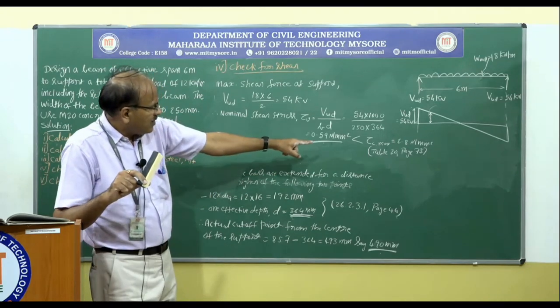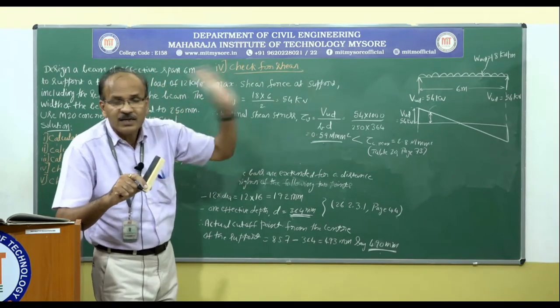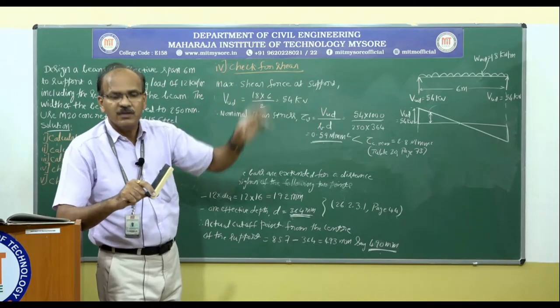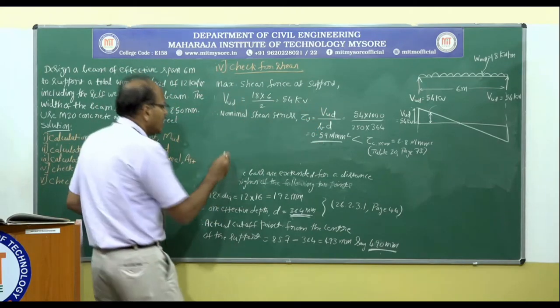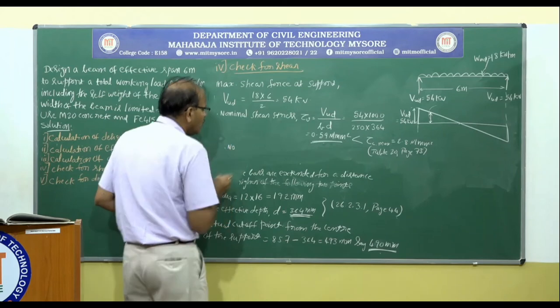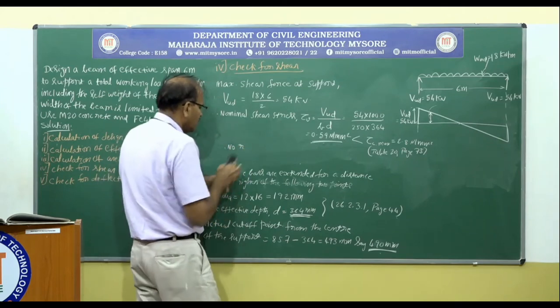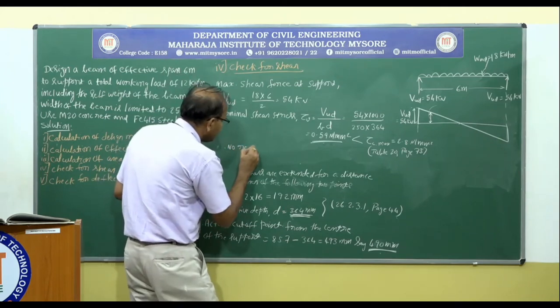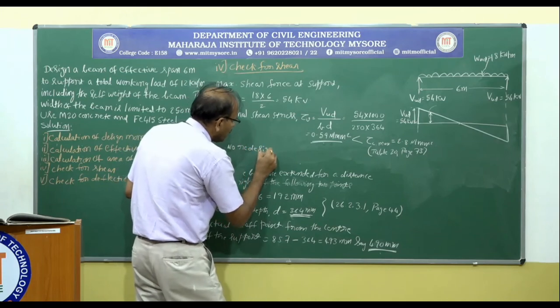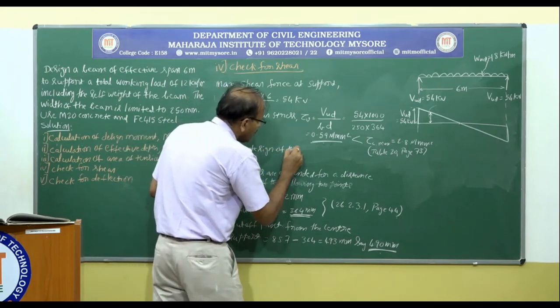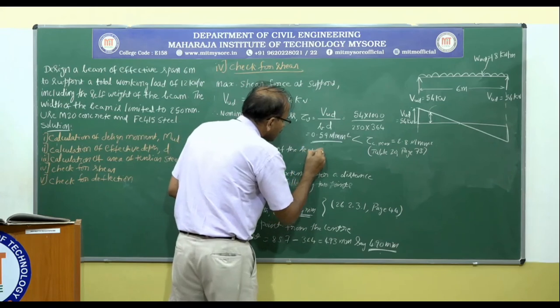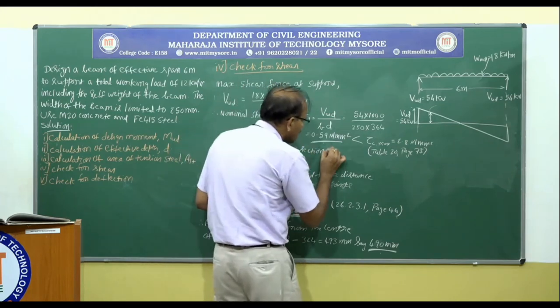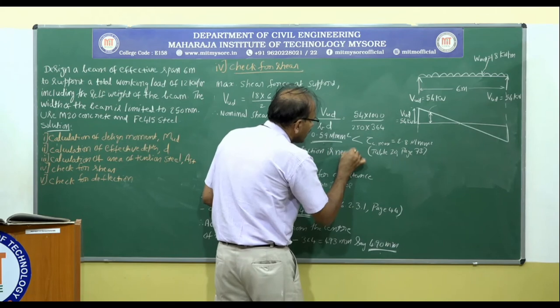In this case, yes, tau V is less than tau C max, then we are okay. That means, therefore, no redesign of the section is needed.